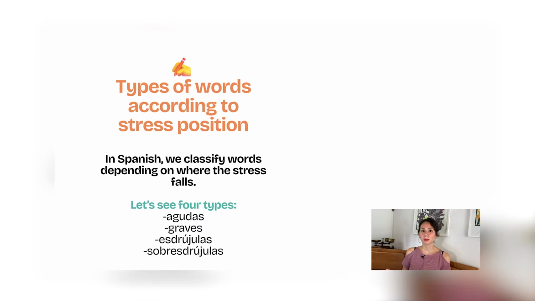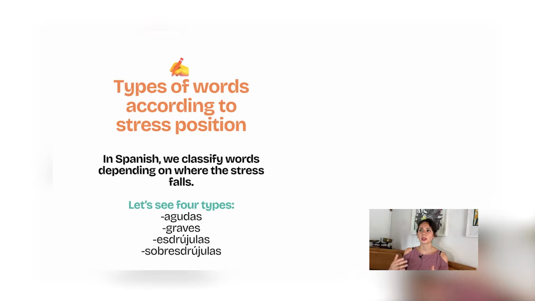It's not too important to know the type of every word in Spanish. You will notice where the stress goes when you practice a lot of reading and writing. So with time, you will know where the stress is in every word.